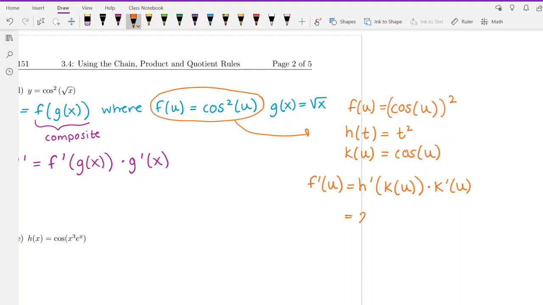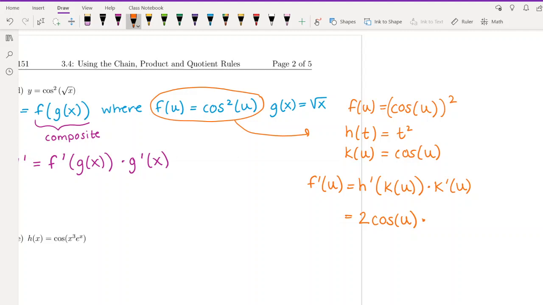Well, it would be 2 times cosine of u, because 2t would be the derivative of t squared, but instead of putting t there, we want to put our original inside function. Then we want to multiply by the derivative of the inside function.